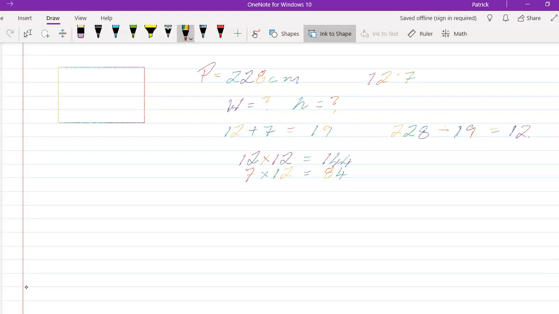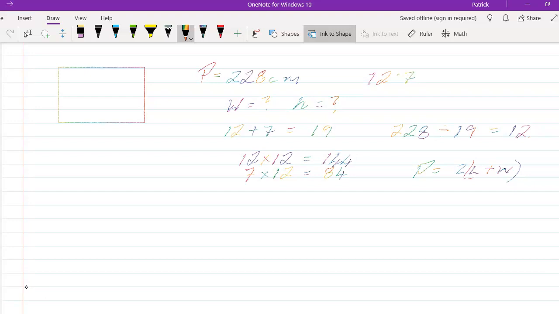Now the twist in the tail for this one is that W cannot equal 144, because perimeter equals twice length plus twice width, or side plus side plus side plus side. So twice 144 plus twice 84 is not 228.